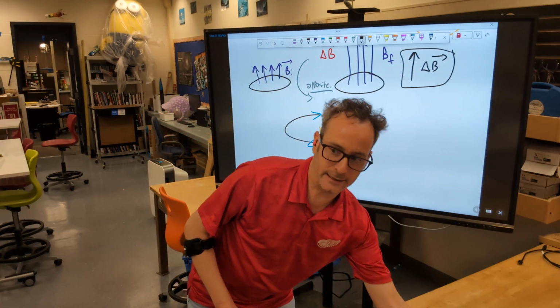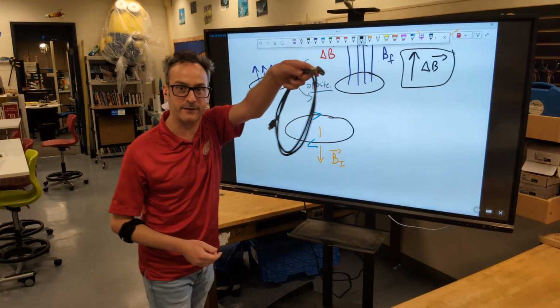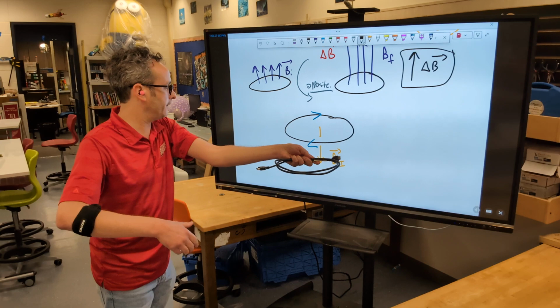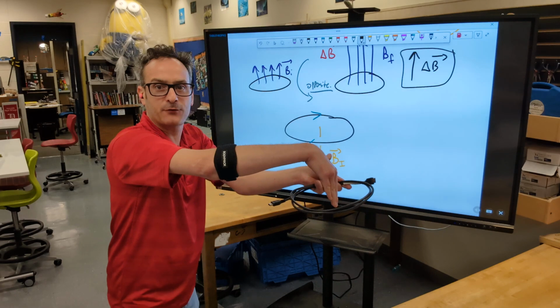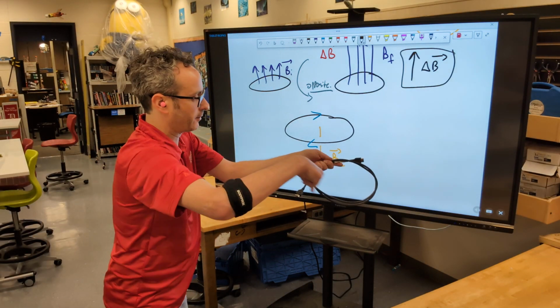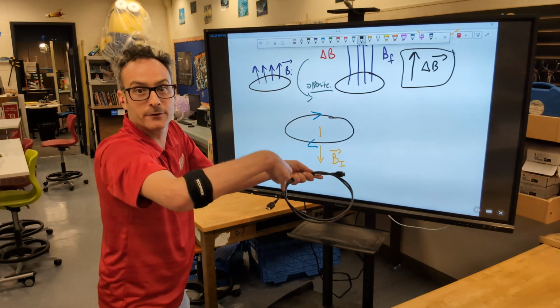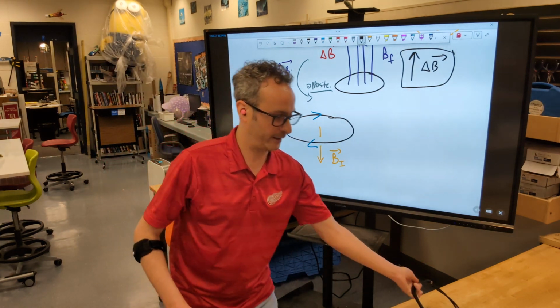And so if you had a loop like this, if you remember your right hand rule, the thumb is the direction of the current, fingers are the direction of the magnetic field. So the magnetic field is pointing down, and my thumb points like this, such that the current is going to flow around like that, like I have in this thing here.